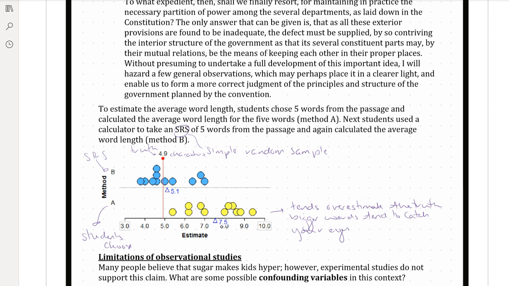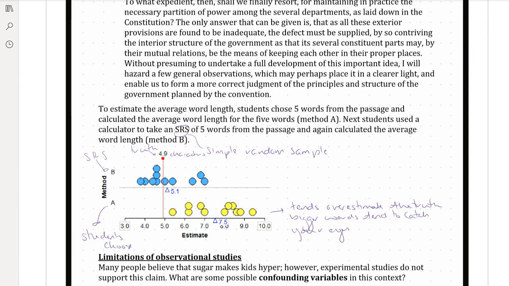So we're less likely to sample words like it or the. We're going to see things like convention or inadequate or answer or constitution even. And so those words are going to be overrepresented in our sample of 5 words, and that's going to pull that sample mean up when we're just picking what seems random to us in our samples of 5.